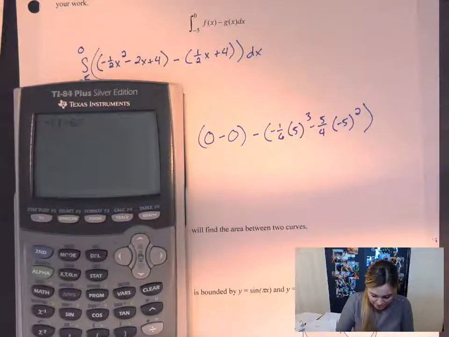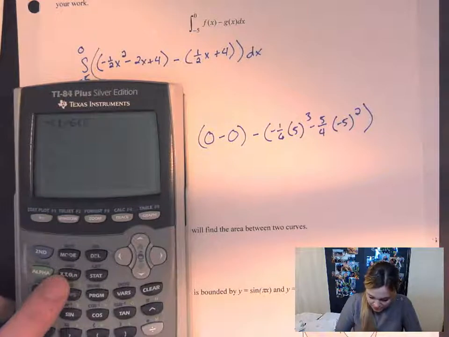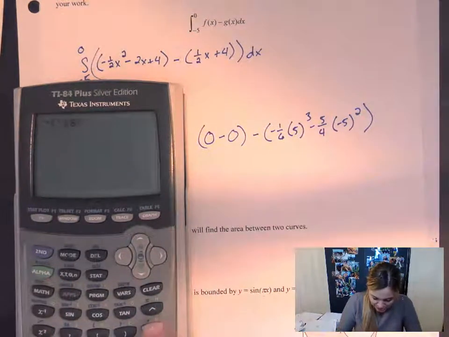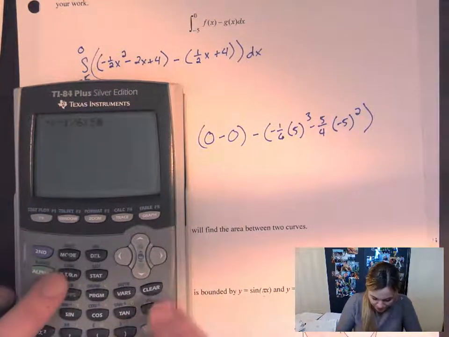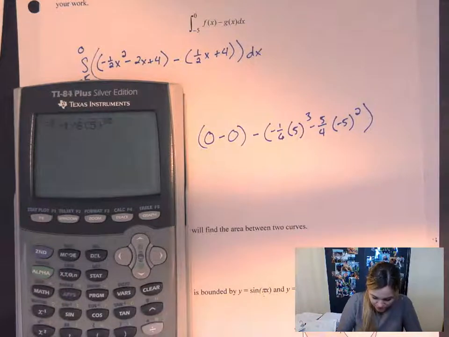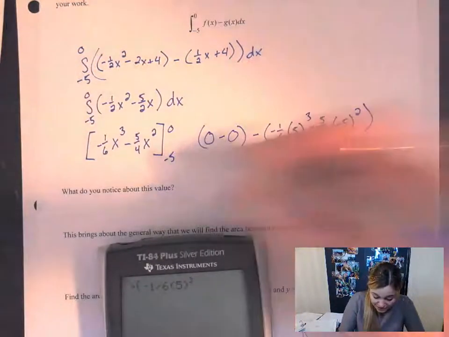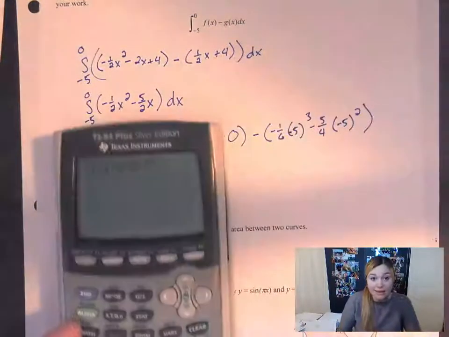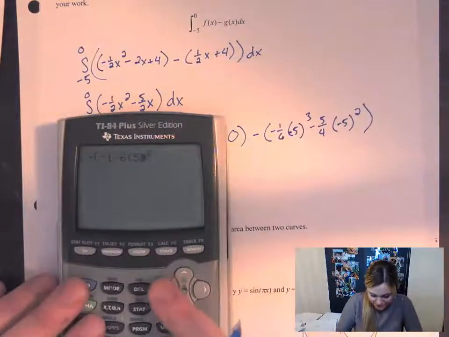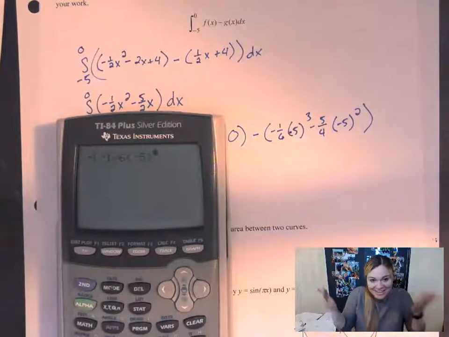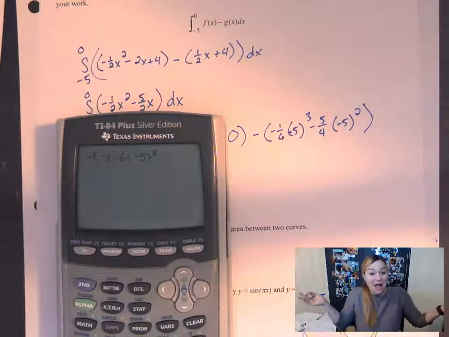So I have -1/6. Hold on, I forgot, there's a negative here, but there's also a negative there. So -1/6, 5 cubed, -5. Oh man, me and my negatives right now. Sometimes you have to remember to be negative. How can I be when I'm doing calculus?